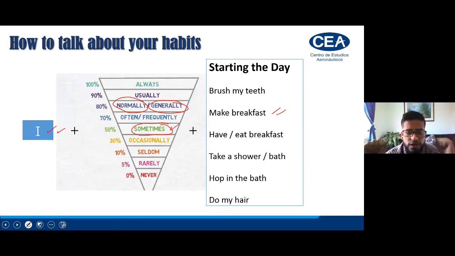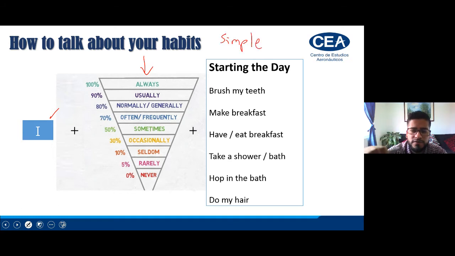But they are exceptions, and most of them are going to be in this location after the subject. Remember that we are talking in simple present. This lesson, we are making emphasis in simple present, because with the verb to be, it's possible that we change the order. But in this lesson, this is going to be the structure of the sentence.